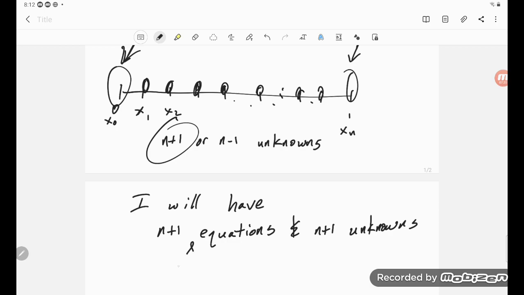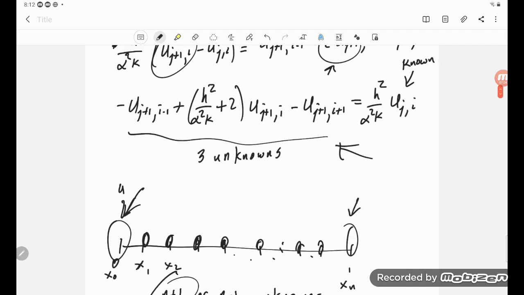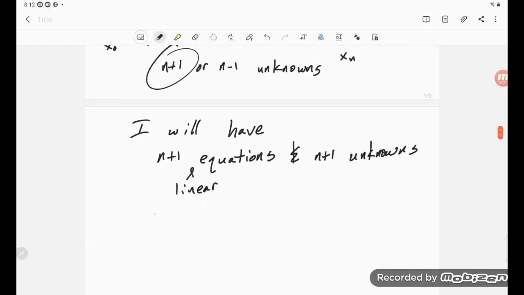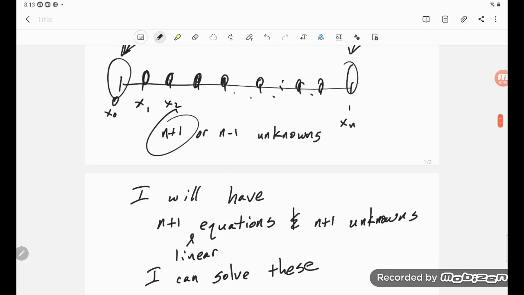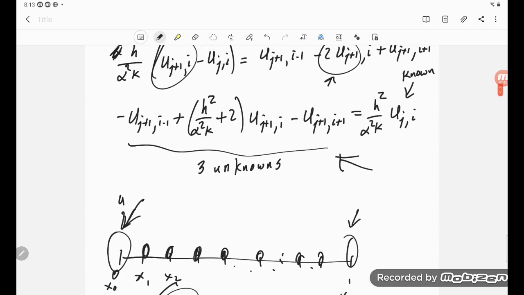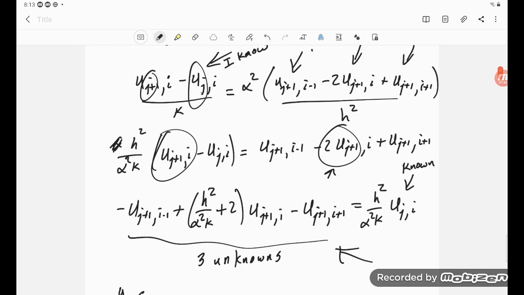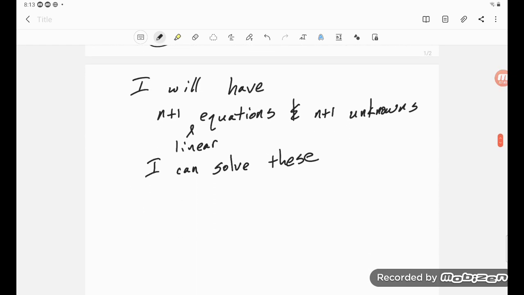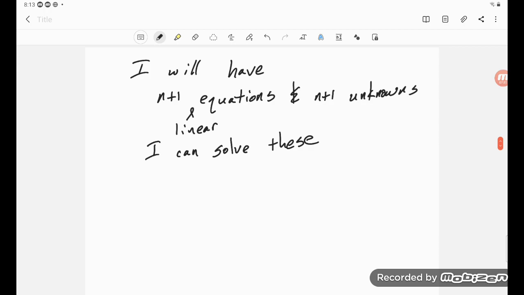So these are linear equations in the u sub j plus 1, i's and so forth. So I can solve this. And that's what it entails. If you do a backward difference, you end up with a big matrix equation. So it's a nice linear algebra thing.